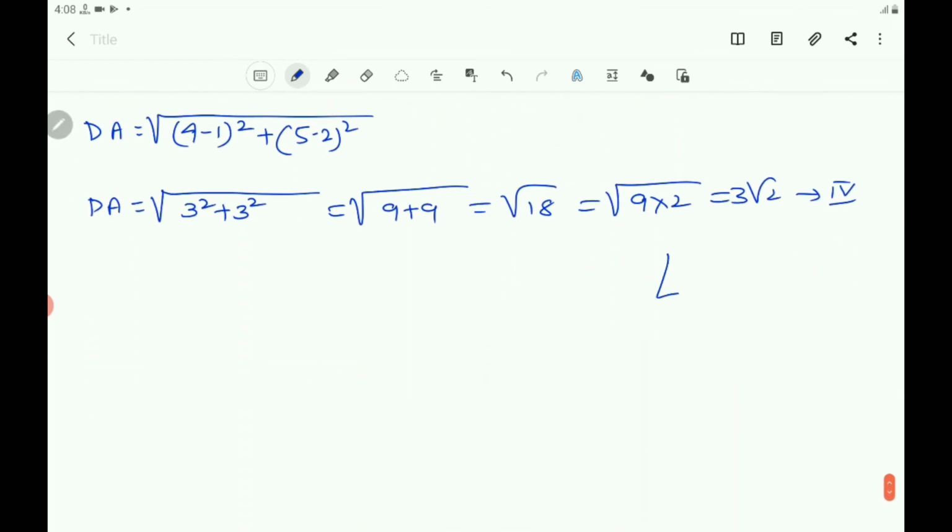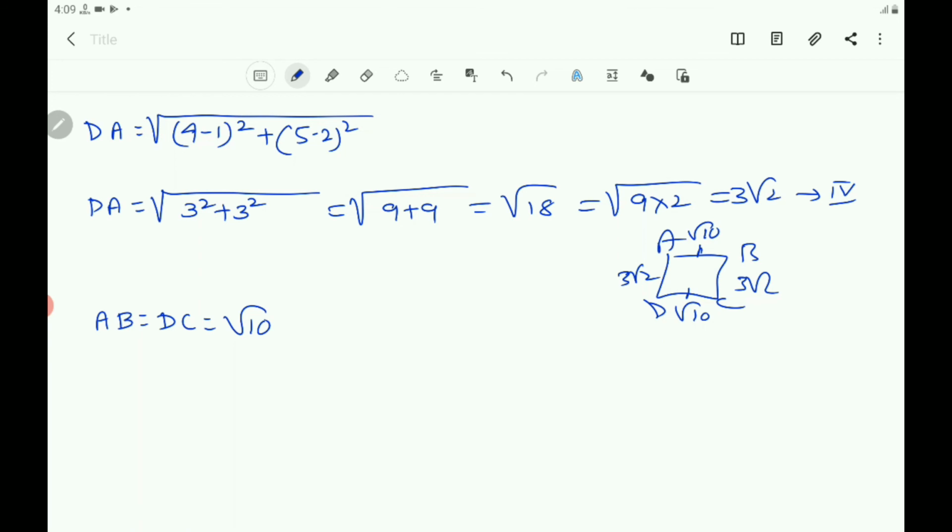If you consider the quadrilateral ABCD, AB and DC are root 10 and root 10, and AD and BC are 3 root 2 and 3 root 2. So you can write AB equals DC equals root 10 and AD equals BC equals 3 root 2.